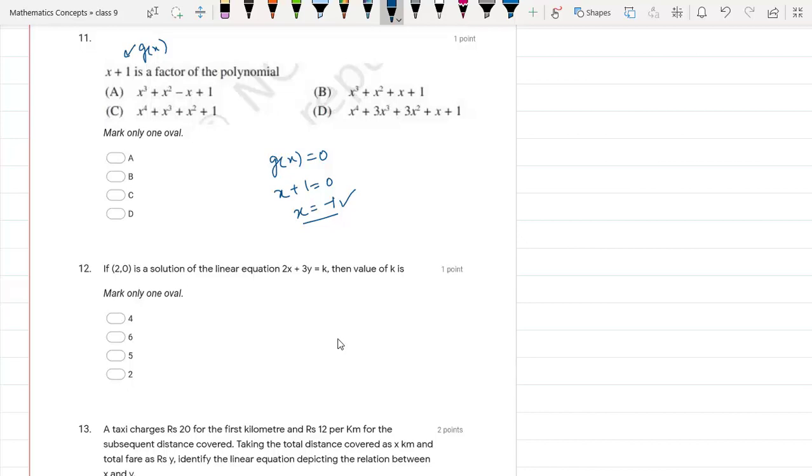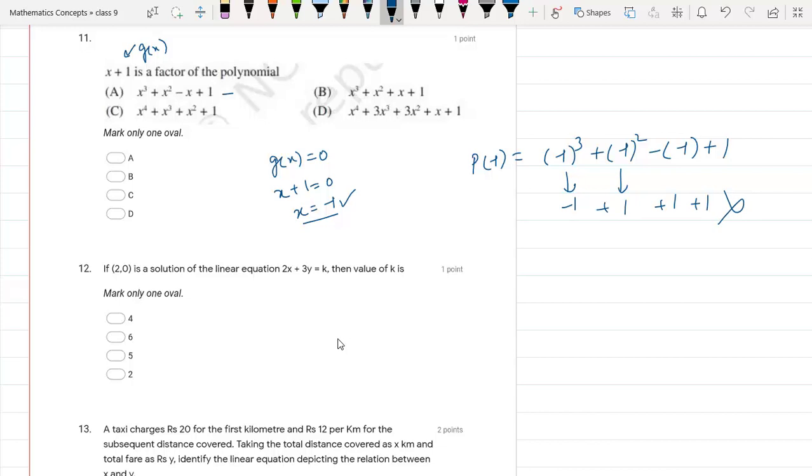So let's check in the first equation, p of -1. The equation is x cube plus x square minus x plus 1. So let's put -1 cube, -1 square, minus -1 plus 1. If you check, this will remain minus only, this becomes plus, this becomes plus, this becomes plus, not 0, because there are 3 positive, 1 negative.